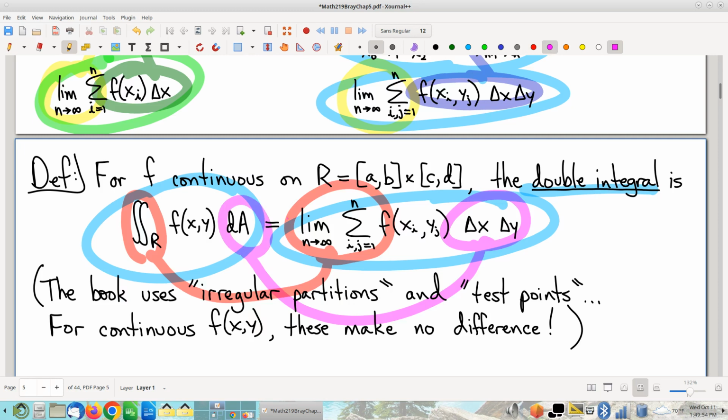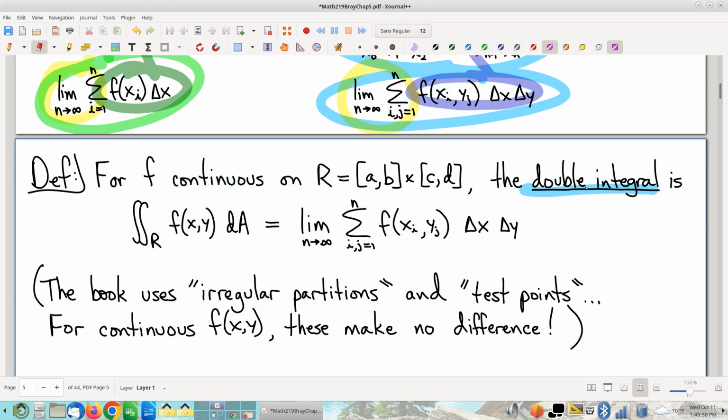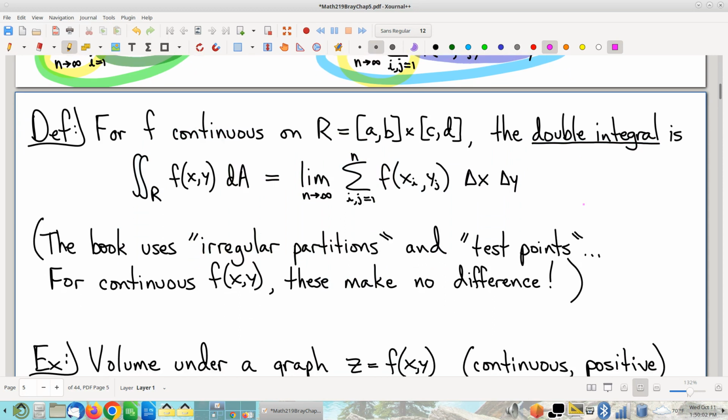Okay. All right. Now, good news. The book gets more fussy with the definition than we're going to need in this course. In particular, the book worries about these issues right here of what happens if you use irregular partitions and what happens if you use what I'm going to call arbitrary test points. And it turns out none of this makes any difference for what we're going to be interested in this class.